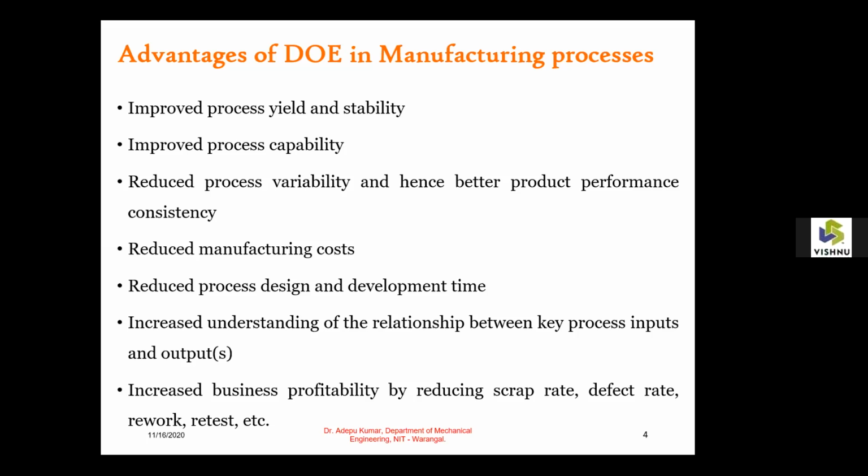And using this, you can also reduce the manufacturing cost and reduce the process design and development time. So once you use these techniques, your process design is minimized and development time is also minimized.